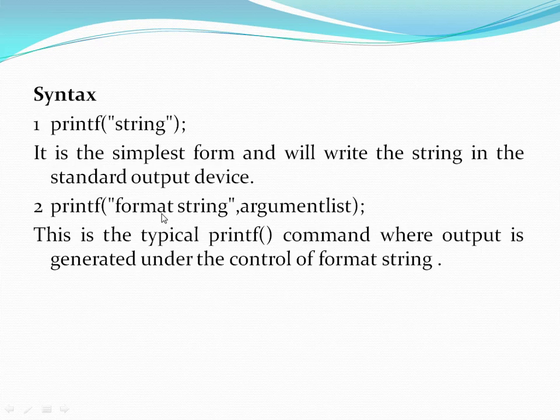Like for integer we will use %d, for floating point numbers we'll use %f, and so on. Double quote close, comma, and then an argument list. It can have one variable or constant or anything, and it can have more than one also, hence it is called an argument list. It is actually a variable name or constant name. So this is the most typical syntax of printf.